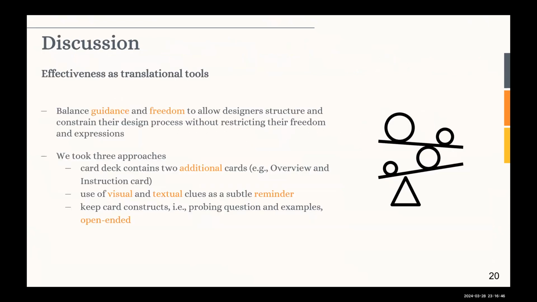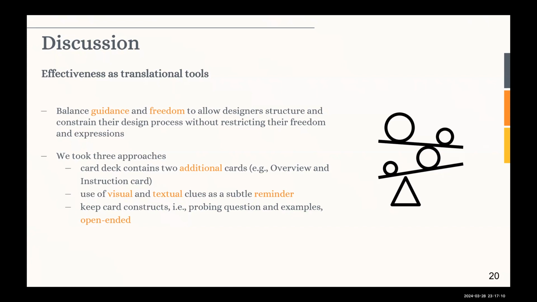Next, building on our findings, we discuss effectiveness of the design cards as translational tools. To ensure the cards' efficacy, we need to balance guidance and freedom to allow designers to structure and constrain their design process without restricting their freedom and expressions. To attain this, we took 3 approaches.